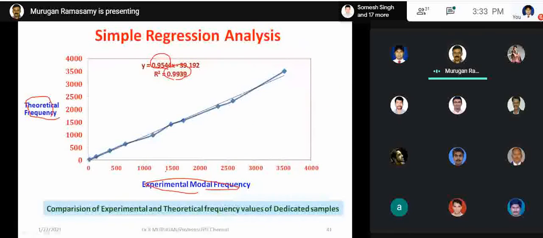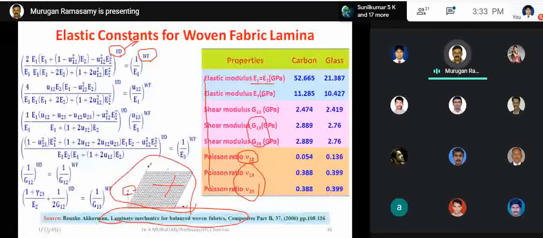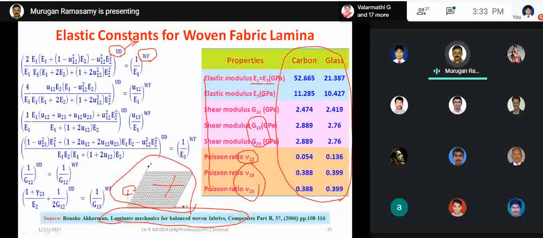Sorry, actually the 9 elastic constants we derived. These are the constants we derived by using the equation. Now that degree of deviation, which is obtained by simple regression analysis, is multiplied with this constant.